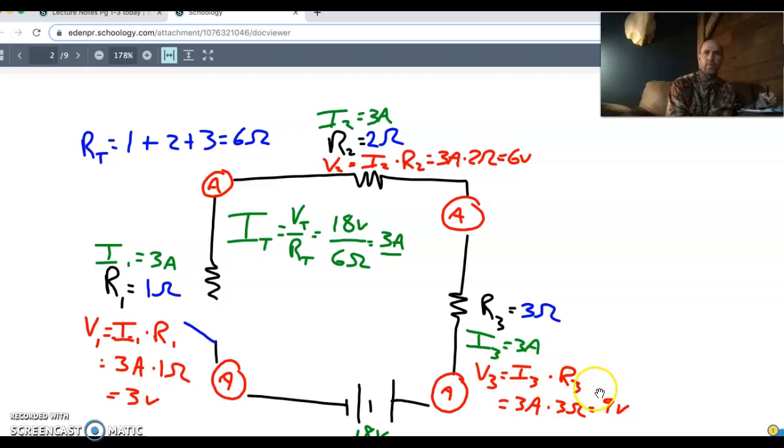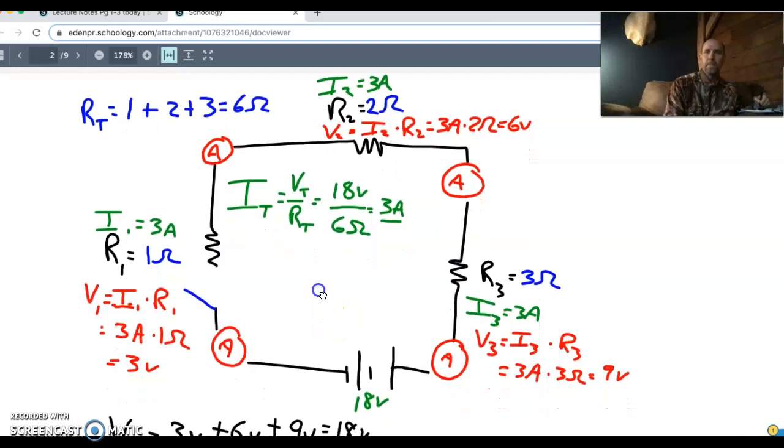We have more volts dropped here because the resistance is higher. It takes more electrical pressure to get through here than any of the other ones because it's probably either a thinner wire or a longer wire in that resistor, which makes it more resistant, which takes more voltage to get through it. So that's the voltage drop, or voltage needed.